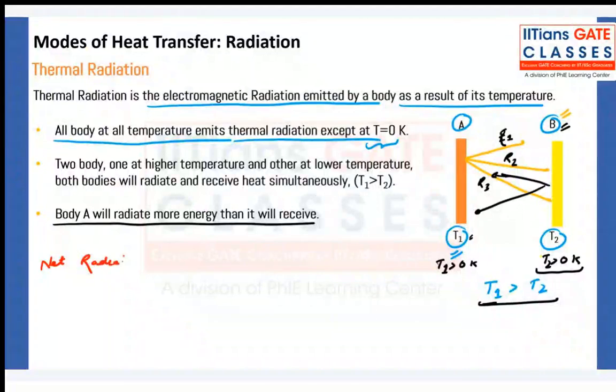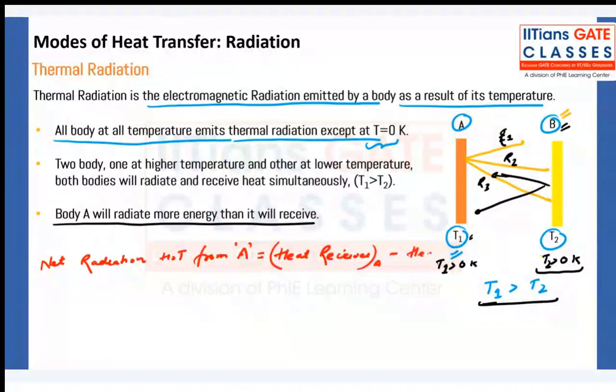Net radiation heat transfer from body A. I am just talking about body A, not body B. How can I calculate it? It is the heat received by body A minus the heat rejected. So I can say Q, the heat transfer of body A by radiation, is equal to Q in minus Q out.